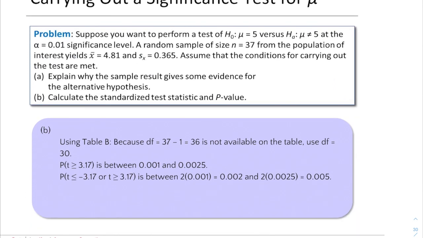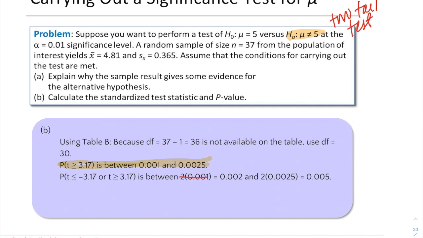Now, that's just looking at greater than. Our hypothesis test here is saying not equal. Remember, this is called a two-tailed test, because we're worried about not just greater than, not just less than, but both scenarios. So when you find that p-value, you then have to multiply it by 2 to get the true value.